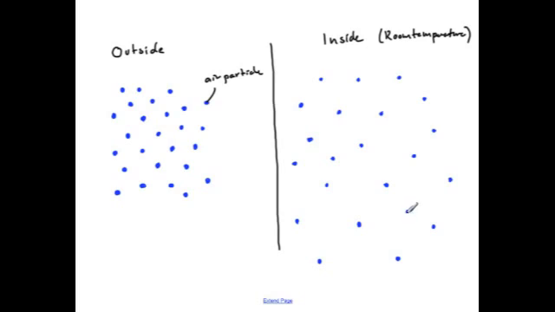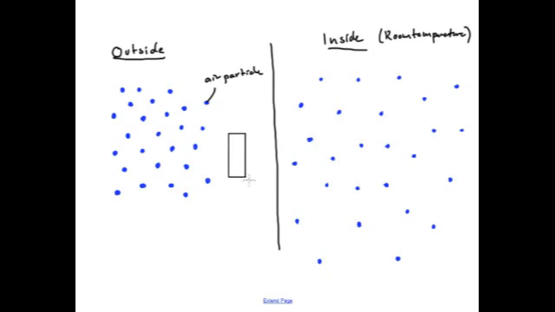Outside and inside, so inside the particles are spread further apart.